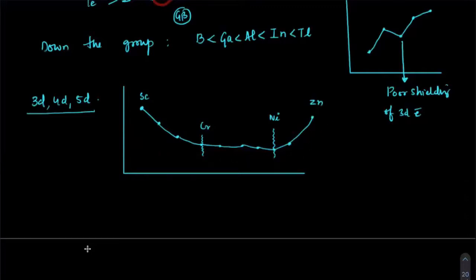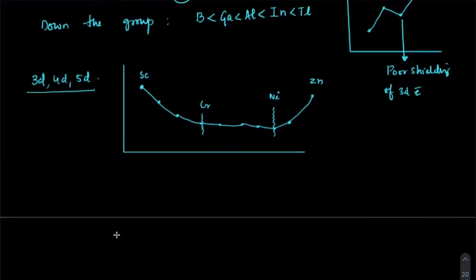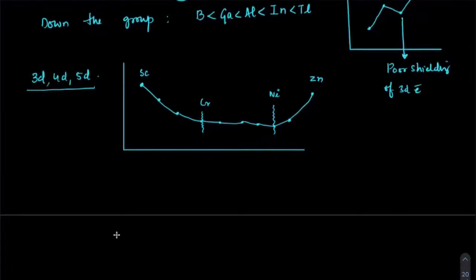Is this clear? Yes, sir. Next, another exception is lanthanoid contraction, which means down the group the radius generally increases. The 3d elements will have less size compared to 4d, but 4d and 5d will have almost similar size.